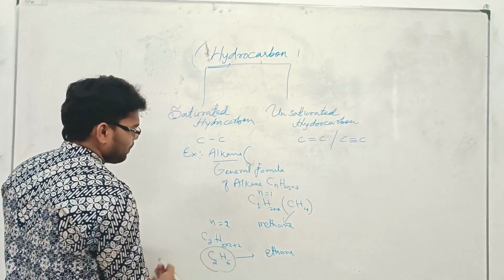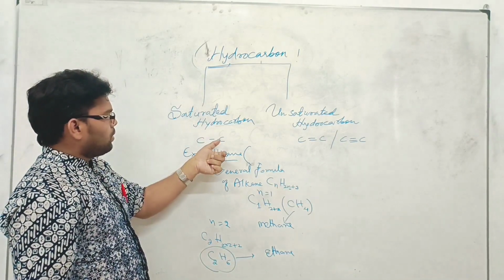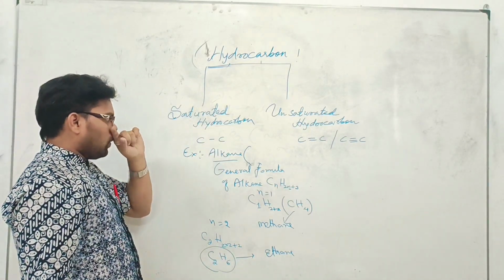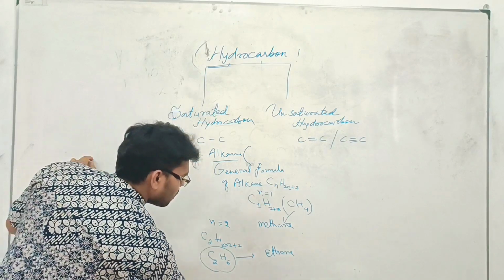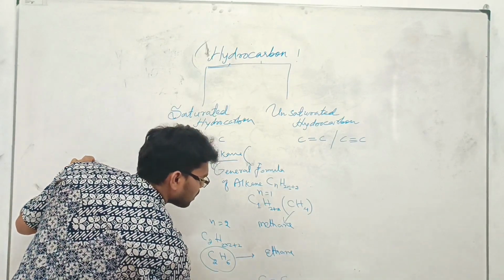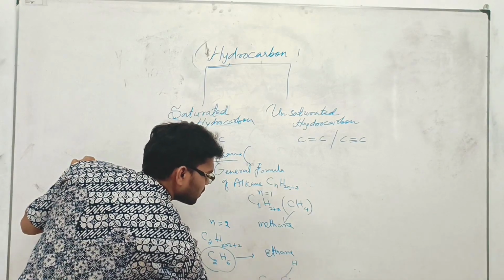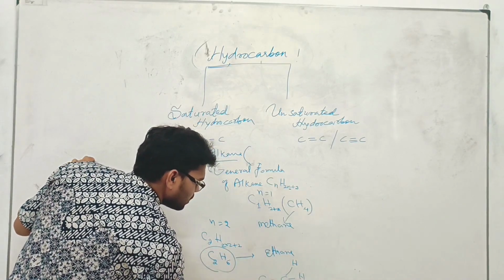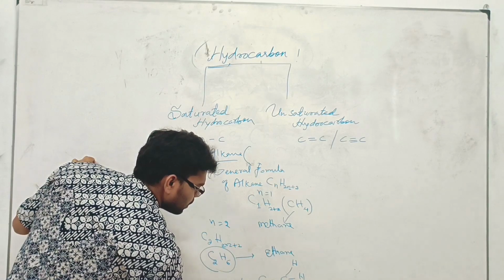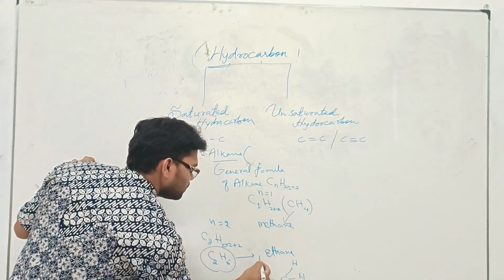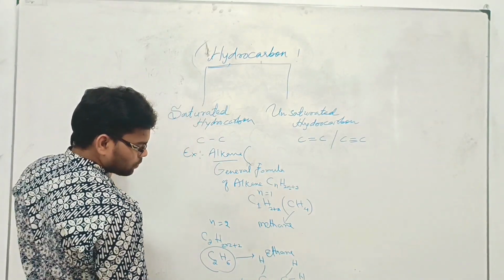Now you can see, I told you the carbon-carbon bond must be single. So here one carbon is here, one carbon is there. Here it's connected. One hydrogen here, and one hydrogen here.